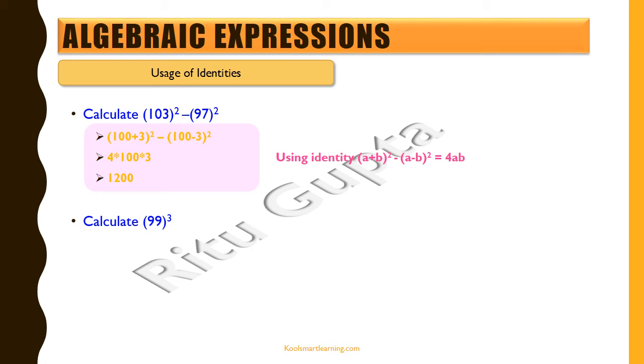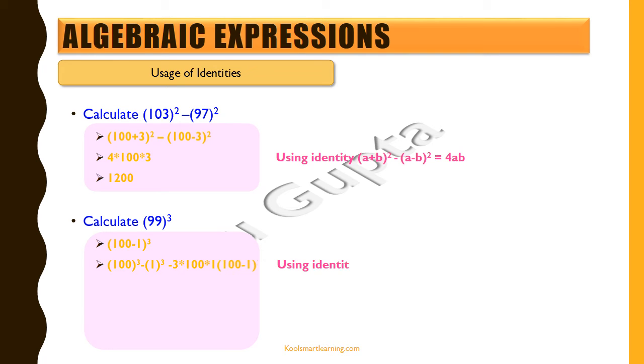Now if we were to calculate 99 cube, how do we do that? Again, using the arithmetic way of doing it would be more cumbersome. So let's make it (100 minus 1) whole cube, and can we use the identity which says that (a minus b) whole cube is equal to a cube minus b cube minus 3ab into (a minus b), which makes it 100 cube minus 1 cube minus 3 into 100 into 1 into (100 minus 1), which makes it 10 lakh minus 1 minus 300 into 99, which is again 10 lakh minus 1 minus 29,700, and that's so easy to calculate.